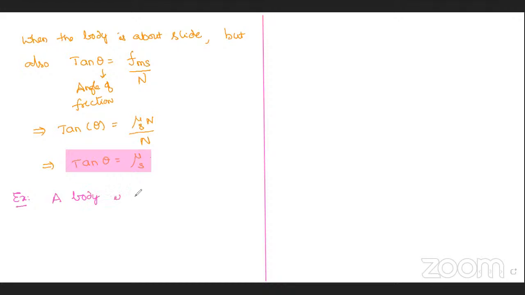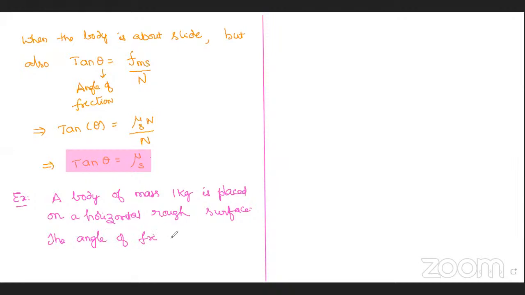A body of mass 1 kg is placed on a horizontal rough surface. The angle of friction is 37 degrees.